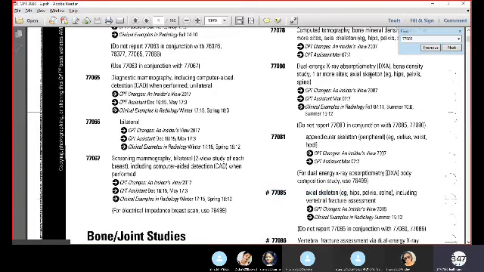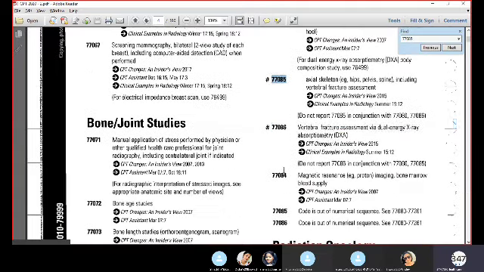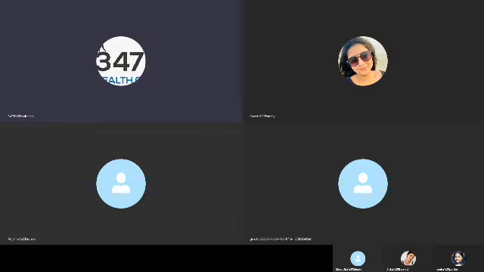If you are coming here up to the semicolon, it will come here. So DXA with bone density study with vertebral fracture assessment is 77085. Only for the vertebral fracture assessment, 77086. So this is a repeated question.